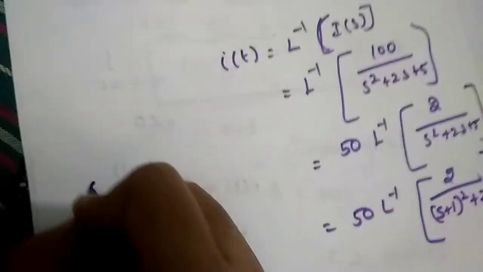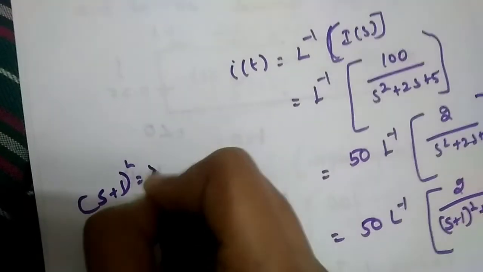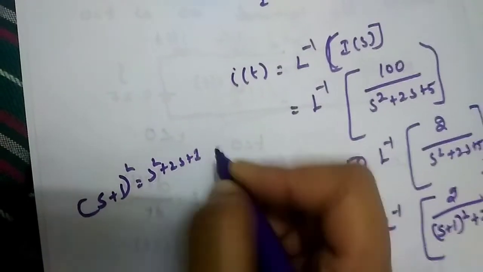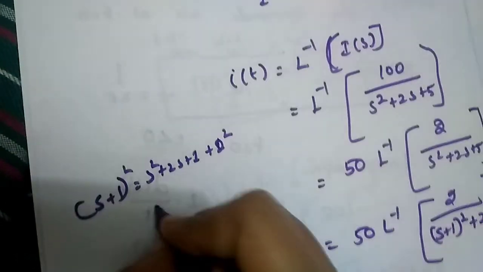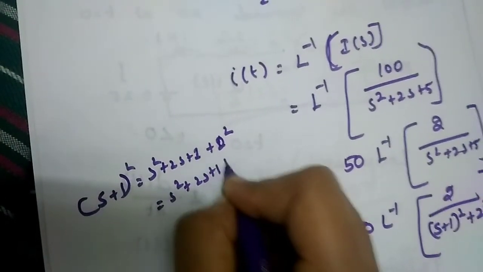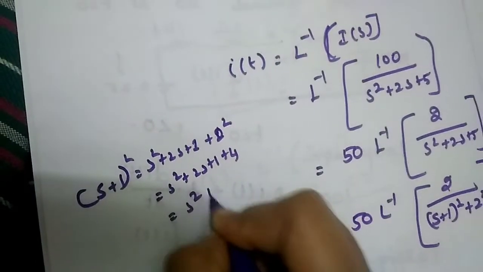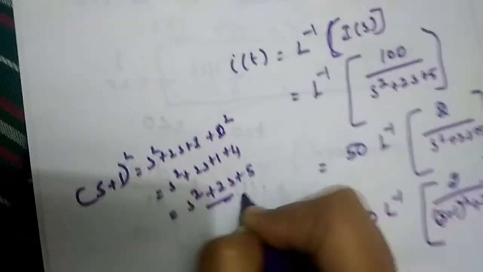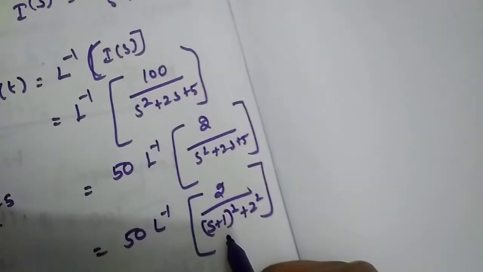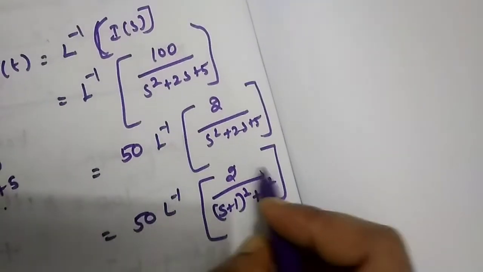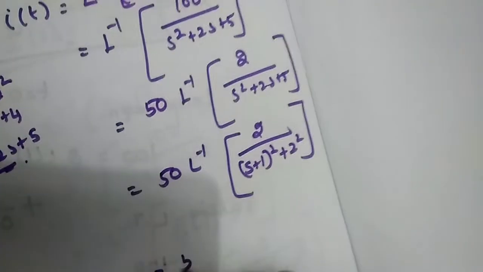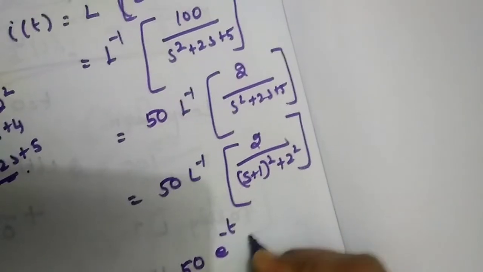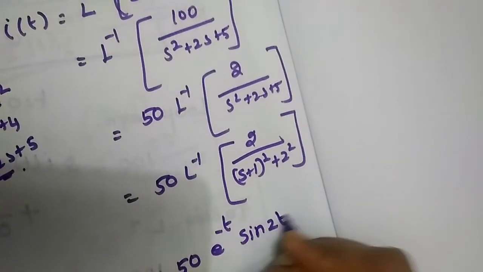That means s plus 1 the whole square is s square plus 2s plus 1, plus 2 square, which is 4. So s square plus 2s plus 1 plus 4 becomes s square plus 2s plus 5. We know the inverse Laplace transform of this is 50 e power minus t sine 2t u(t). So this is the current of the circuit.